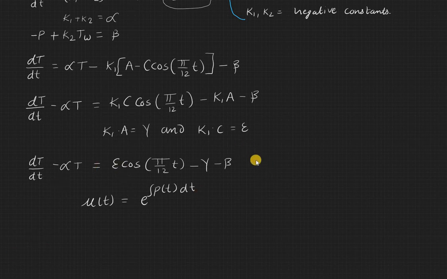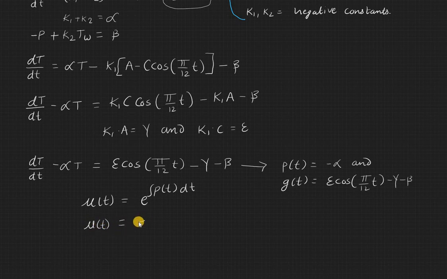So in the above equation, our p of t is equal to minus alpha and g of t is equal to epsilon cos pi by 12 t minus gamma minus beta. So we get the integration factor, which is mu of t is equal to e to the power minus alpha t.